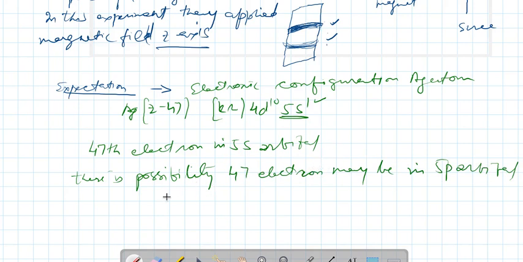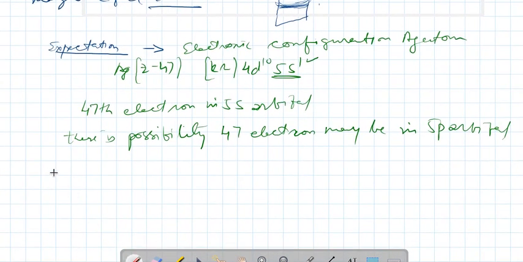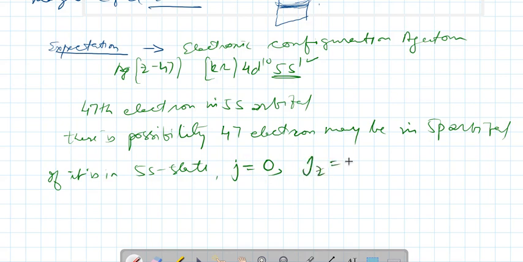So if it is in 5s state, for this the value of J, angular momentum, will be equal to 0, and corresponding to it, its Z component is also 0, or we can say that for L is equal to 0, ML is equal to 0, right?